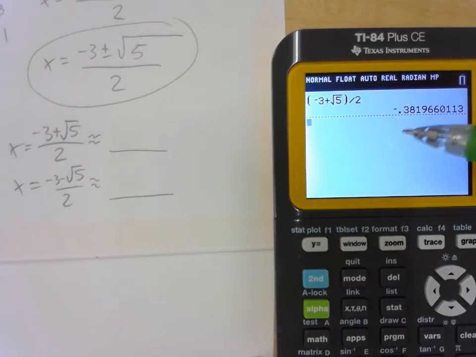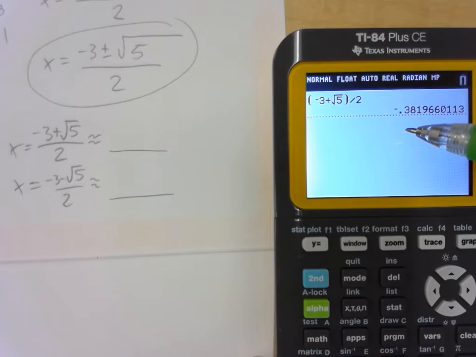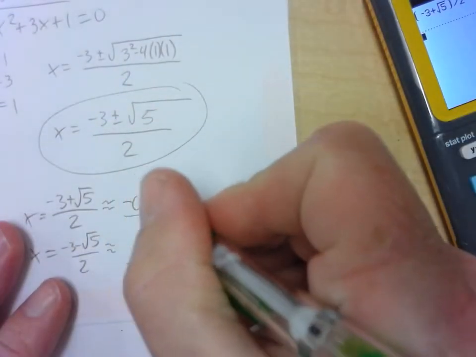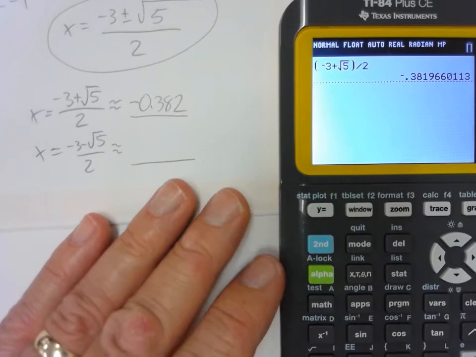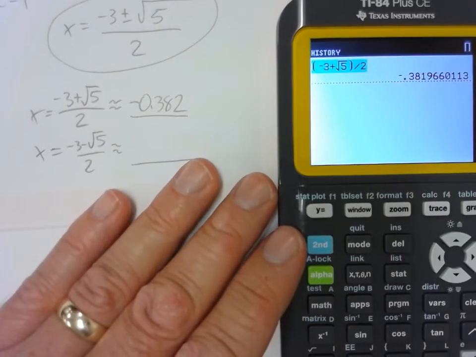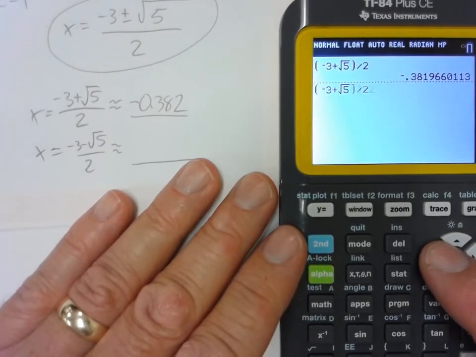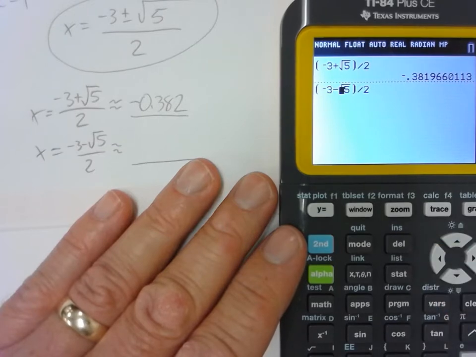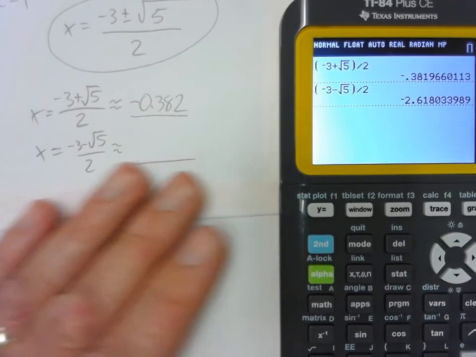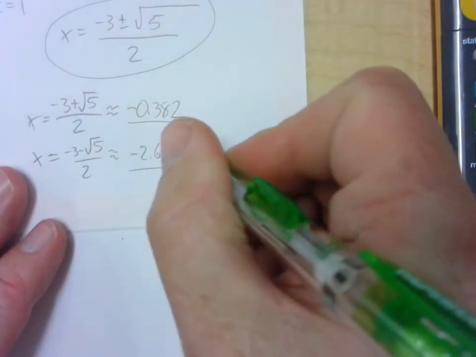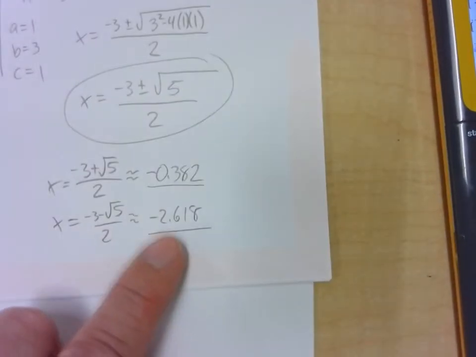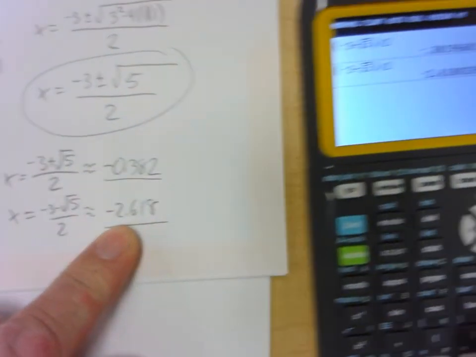Okay, so it's negative 0.382, and that's the approximation. I rounded to 3 decimal places. And then I'm going to hit the up arrow, enter, and edit this so I don't have to retype it again. Put in minus and 2.618. Negative 2.618. So didn't I say that one of the answers looked like it was negative 2.618?